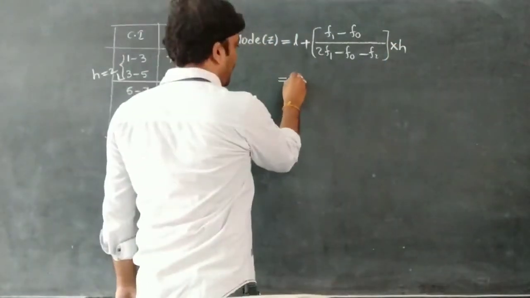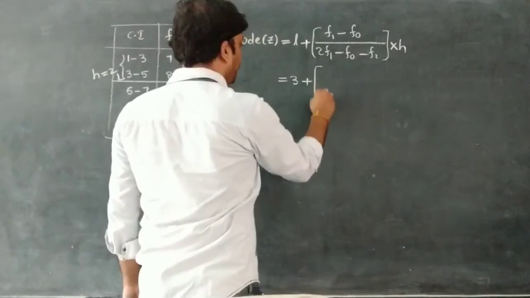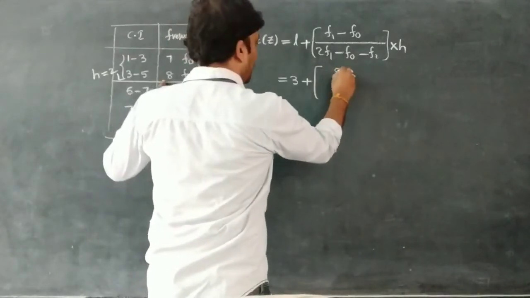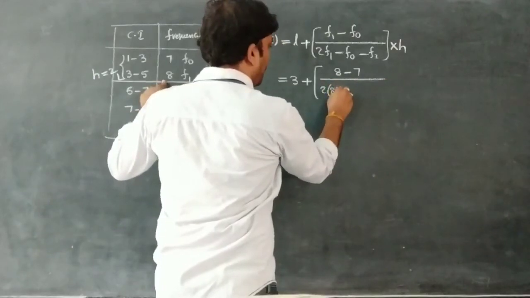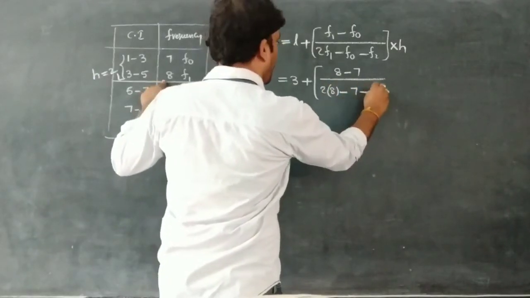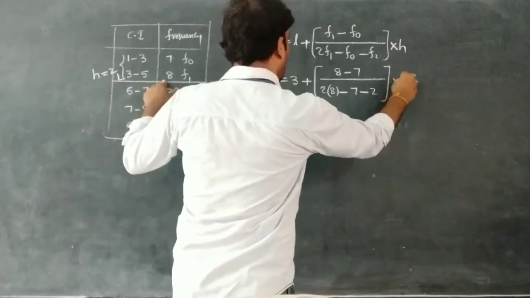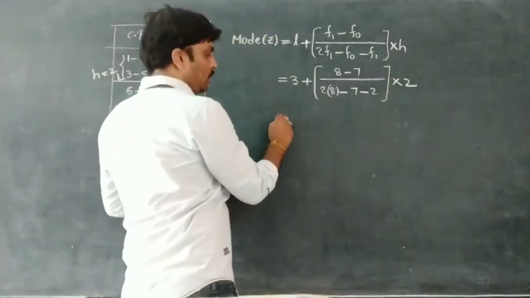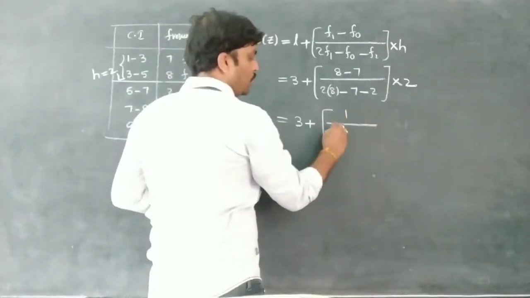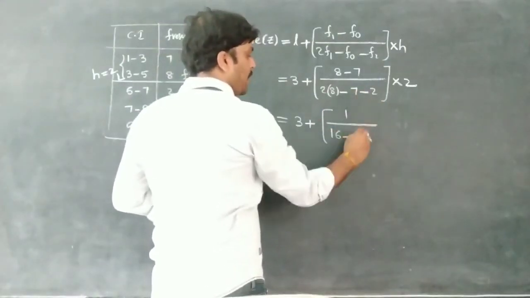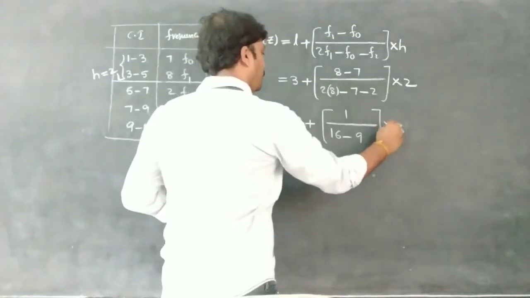So the L value is 3 plus, f1 is 8, f0 is 7, by 2 into f1 minus f0 minus f2, into h value 2. Now 3 plus (8 minus 7) is 1, over 2 eights are 16 minus 9, into 2.